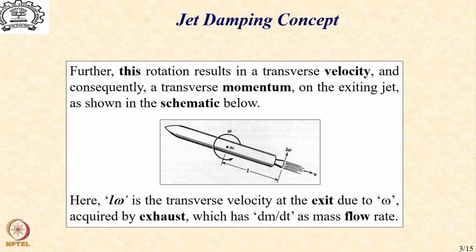We see from this schematic that the transverse velocity L into omega is acquired by the exiting mass flow rate dm by dt, which is due to the burning of the propellant.